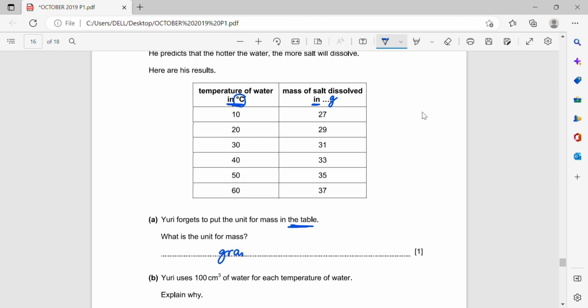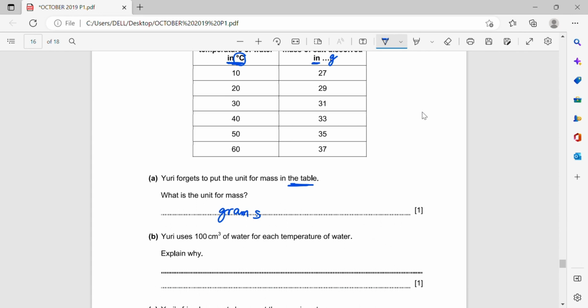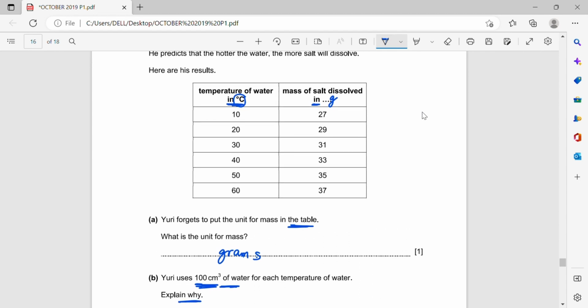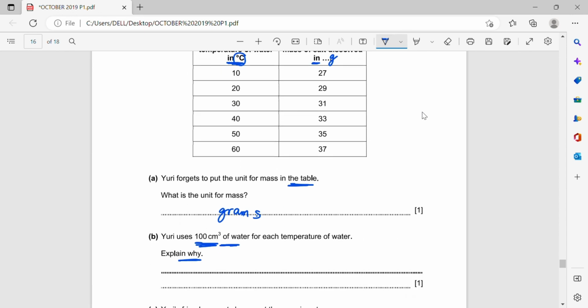Grams. Okay. Yuri uses 100 cubic centimeters of water for each temperature of water. Explain why. The temperature is different and the mass of salt dissolved is different, but I fixed the volume of water.